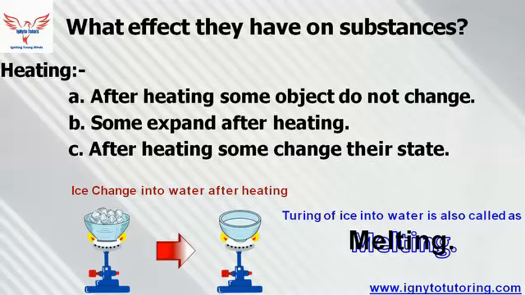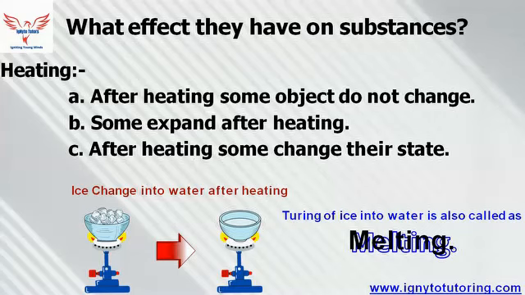When we heat ice, it changes its state from solid to liquid, and gets converted into the liquid form of water. So these are the ways which affect the substance to change their states or to bring change. So this was the first way which helps a substance to bring change in it.